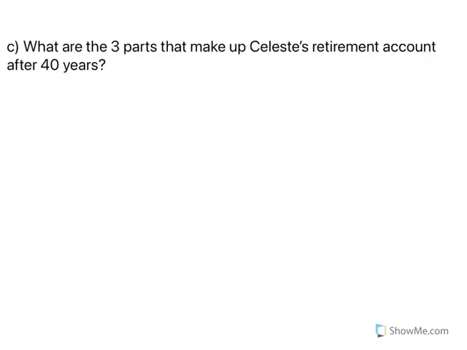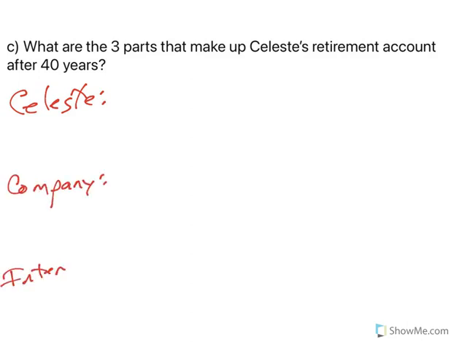So what are the three parts that make up Celeste's retirement account? Well, we know that Celeste is investing, we know that the company is investing, and we know that there is the interest. So let's look at that last option, where Celeste is putting in $200 a month for 12 months in the year for 40 years.